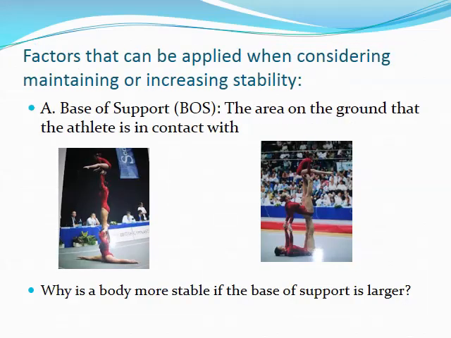We'll come back to how altering the centre of gravity can improve stability or balance, but the next thing I'd like to look at is the base of support. So this is the area where the athlete is in contact with the ground. We've got two examples here with tumbling. We've got a girl performing the splits, and that's the base of support for a whole group of three.